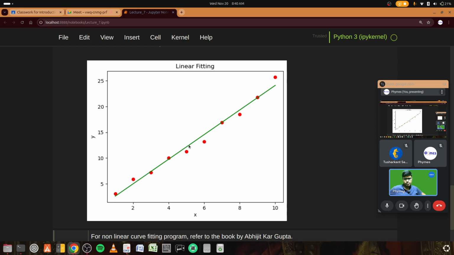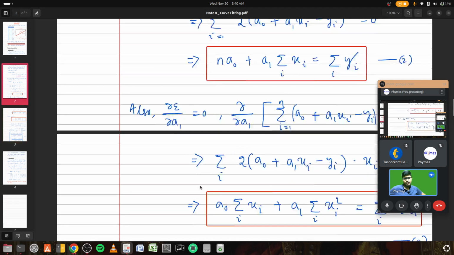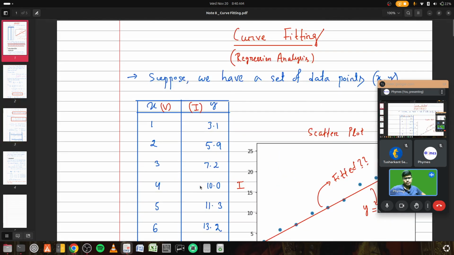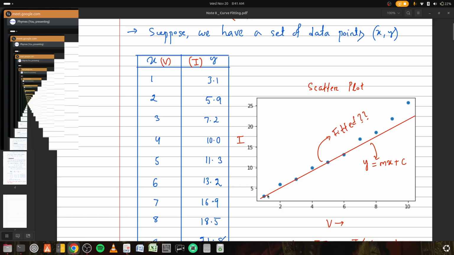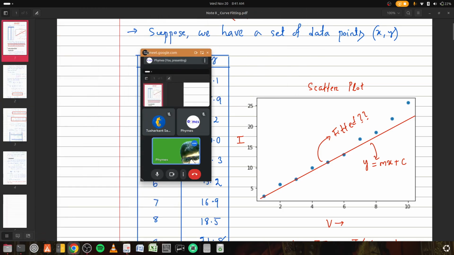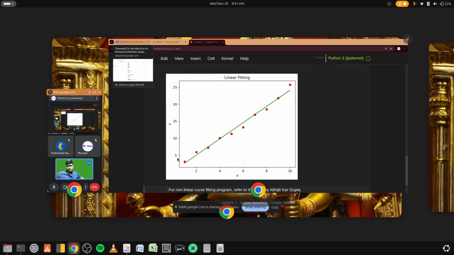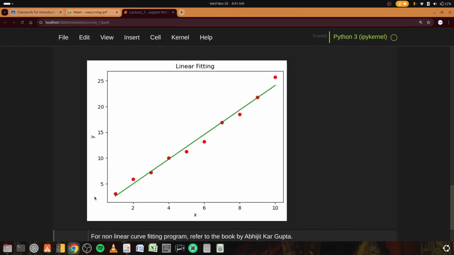It may not pass through all the data points very closely, but this function represents the best fitted curve, right? Initially we may do like this. If you are in 11th class, you may fit the points like this, right? But that is actually not true. That may not be the best fitted curve, but this is the best fitted curve.